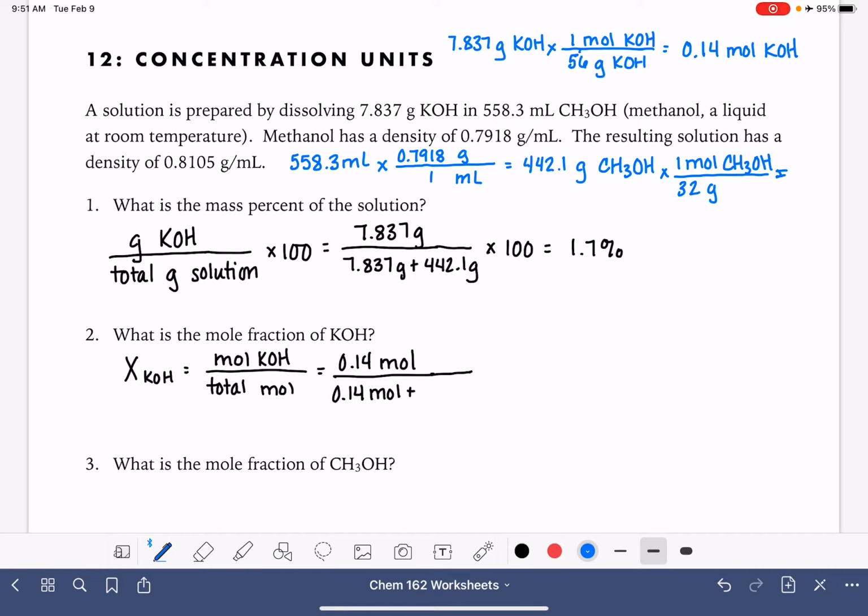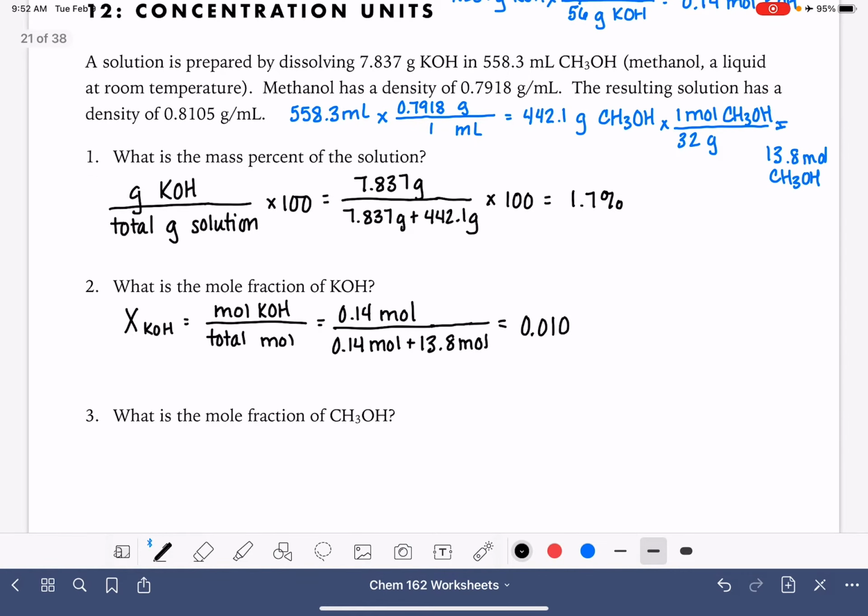And that is going to be 442.1 divided by 32. 13.8 moles. So down here, the total number of moles is 0.14 plus 13.8. And the mole fraction of the KOH is 0.01. And this is left in decimal form, not converted into a percent.